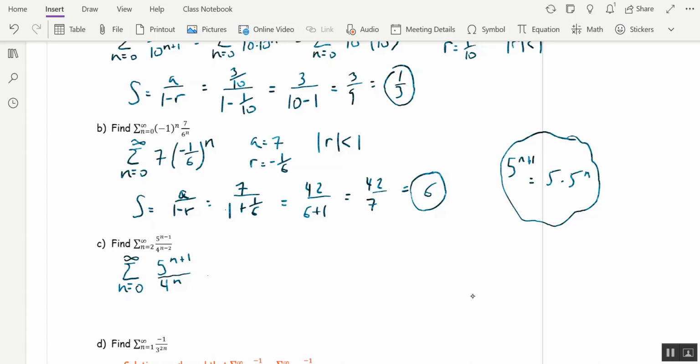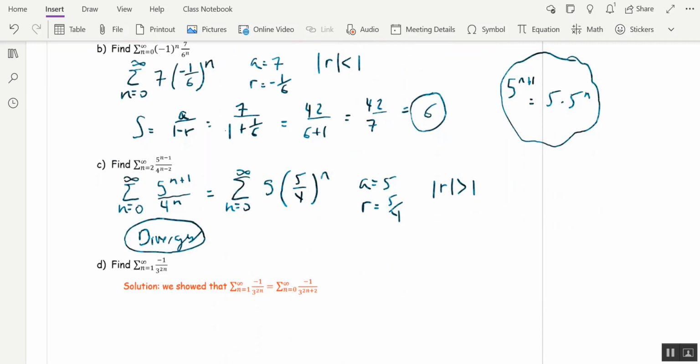So you're going to pull off the 5. This is 0 to infinity, 5. And what's left is 5 over 4 to the n. So our a is 5, and our r is 5 over 4. Now be careful, don't use the sum formula on this one. The absolute value of r is bigger than 1, so this series diverges. Okay, last geometric one.